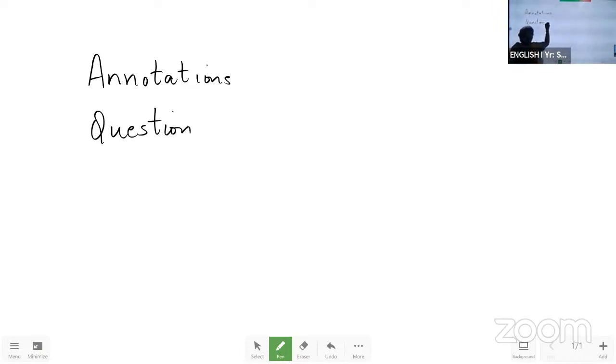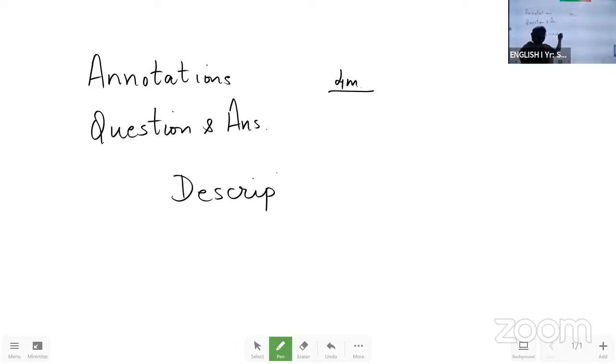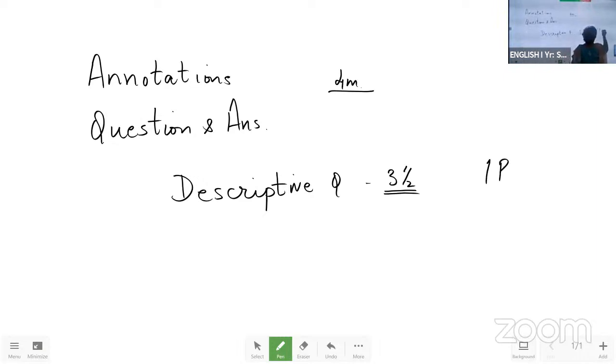All your questions carry 4 marks. But like I already told you, in descriptive answers or descriptive questions, you are not accorded full marks. For the best work as per the IPE board, we are not supposed to give you full marks.